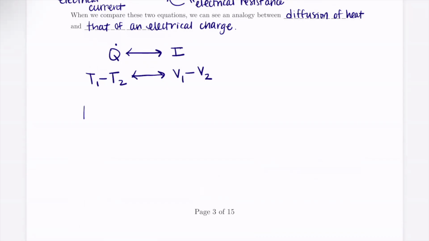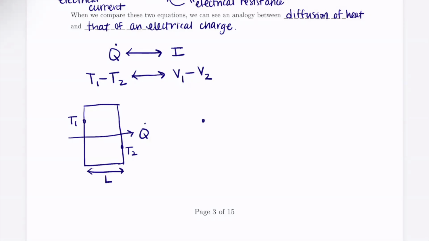So we can say if we have some thickness of material with Q dot going in this direction, if we have T1 over here and T2 over here, this is our length. We can also write this in the following way, where Q dot is just T1 minus T2 divided by RK.